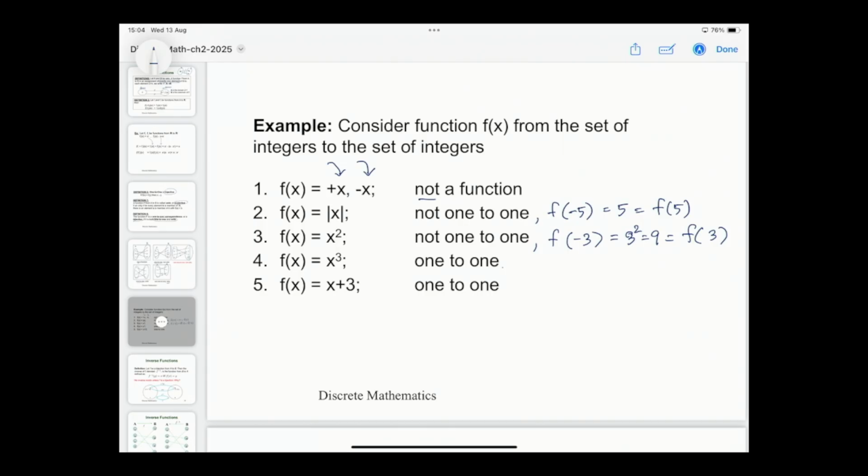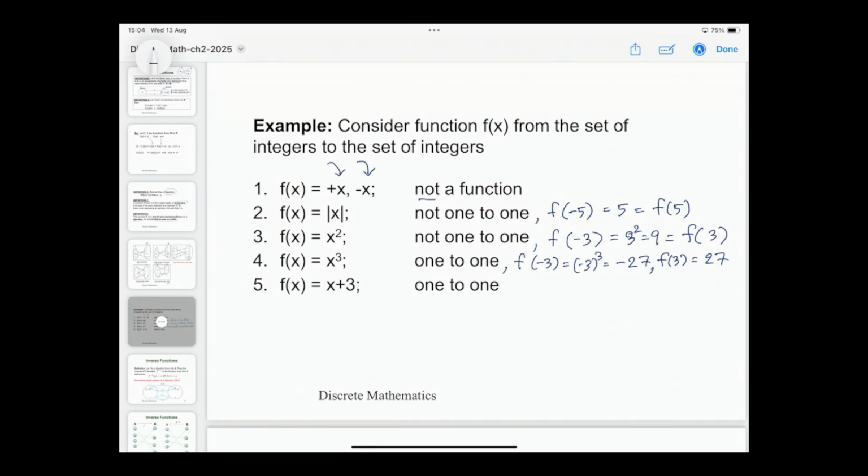But the next case is one-to-one. f(-3) is equal to -27, and f(3) is 27. So it is a one-to-one function.